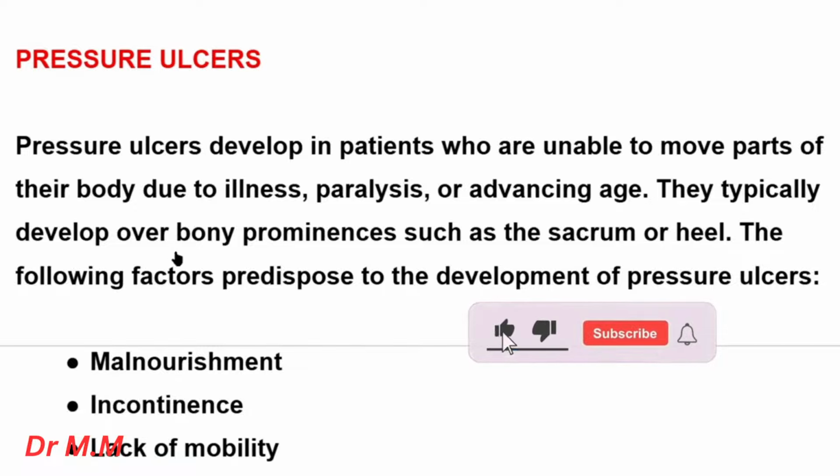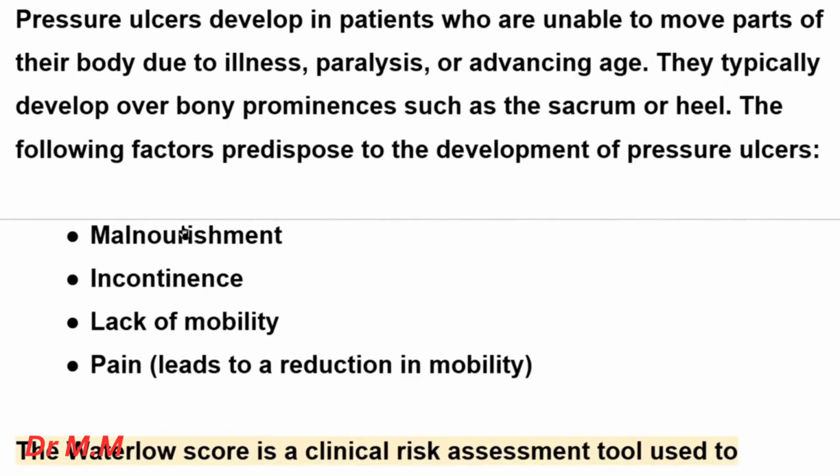They typically develop over bony prominences such as the sacrum or heel. The following factors predispose to the development of pressure ulcers: malnourishment, incontinence, lack of mobility, and pain which leads to reduction in mobility.